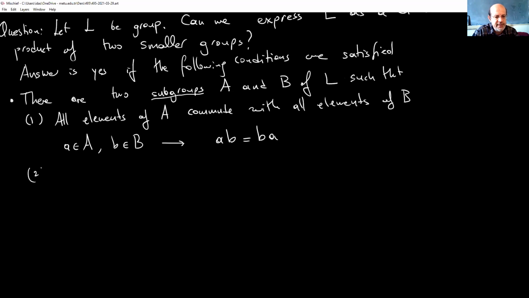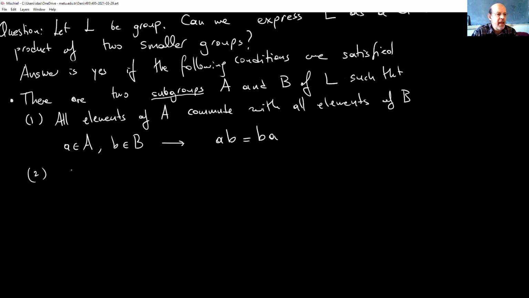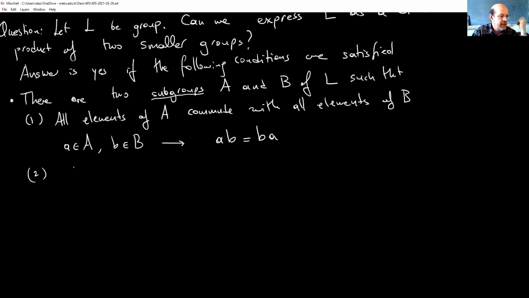The second condition is that the only common element of A and B is the identity.